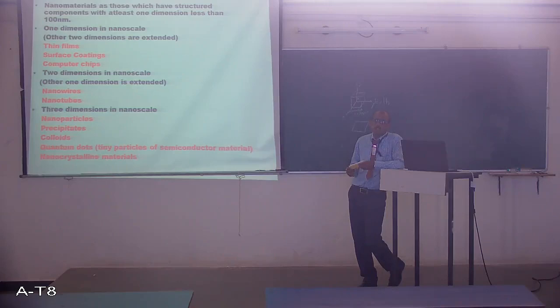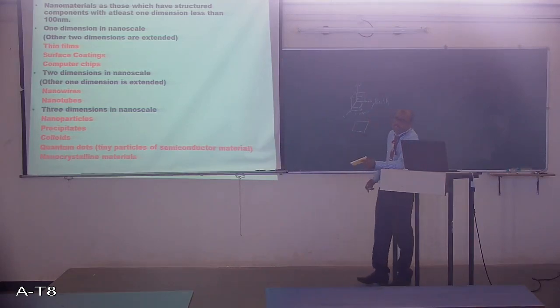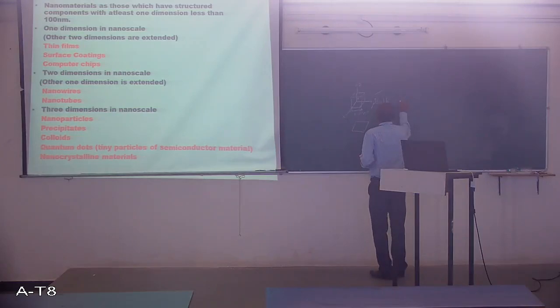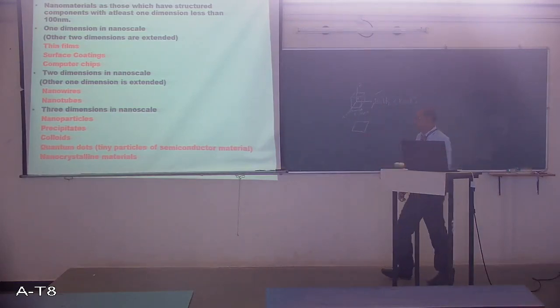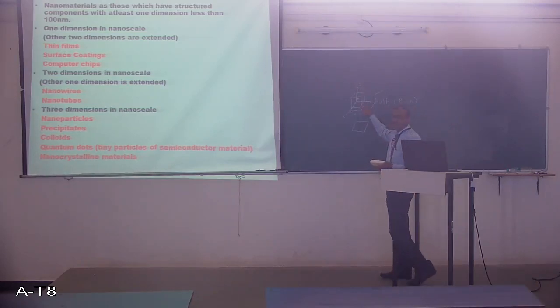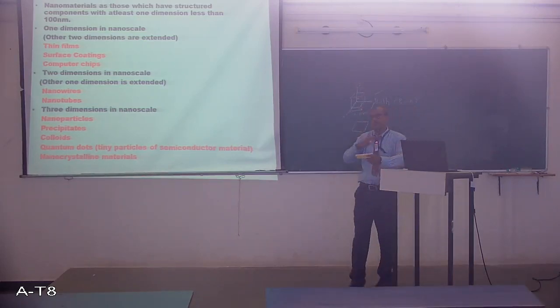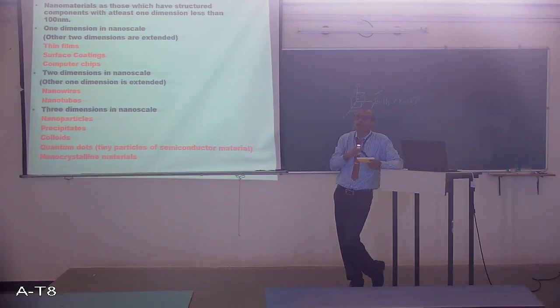Let us take an example of a book. If you take a book, it has x coordinate, y coordinate, z coordinate. So that is bulk. If you want to suppress the z coordinate, it means we are removing each page in the book.